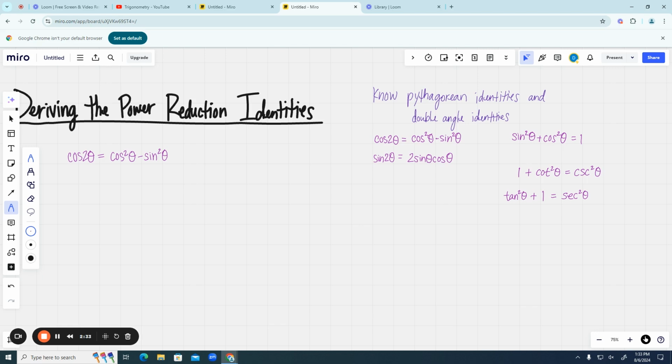What we're basically going to do is get an expression for a cosine squared or a sine squared so that you can substitute that expression into problems whenever you need it. So for this one, I can rewrite the cosine. If I look at this one and subtract the sine, I have cosine squared theta equals 1 minus sine squared theta.